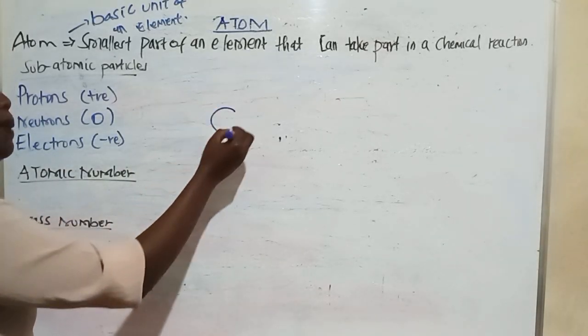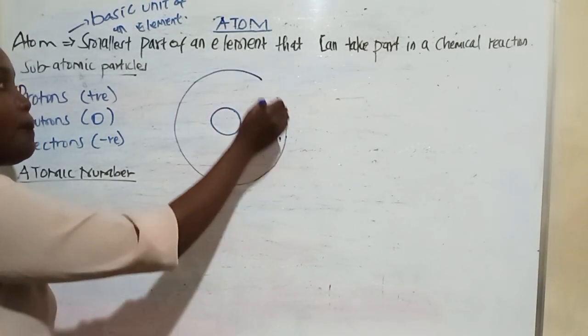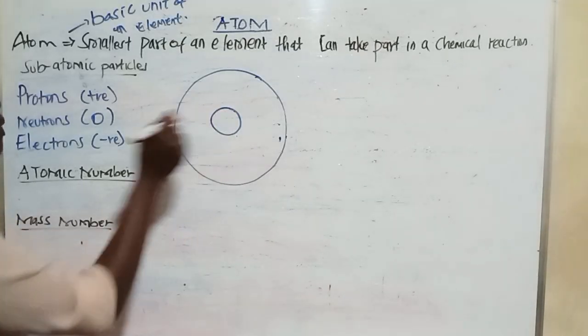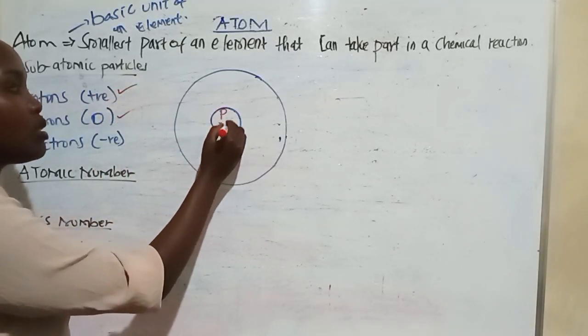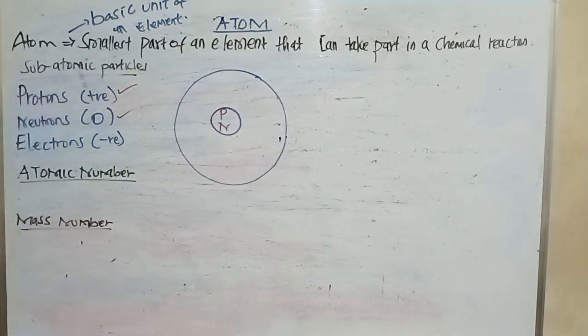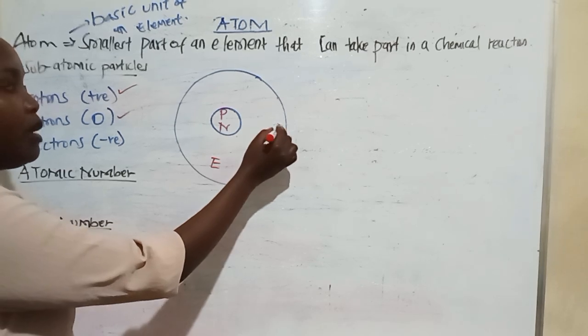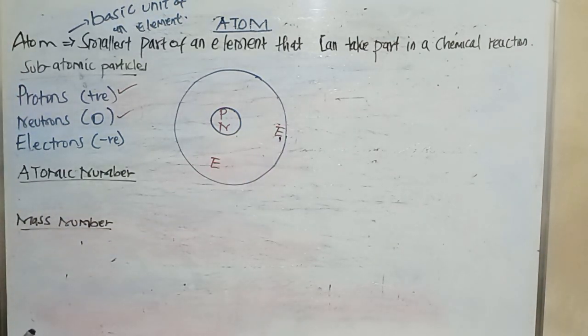In the nucleus, we have our protons and our neutrons, while electrons are located outside, in the electron cloud or the energy level.